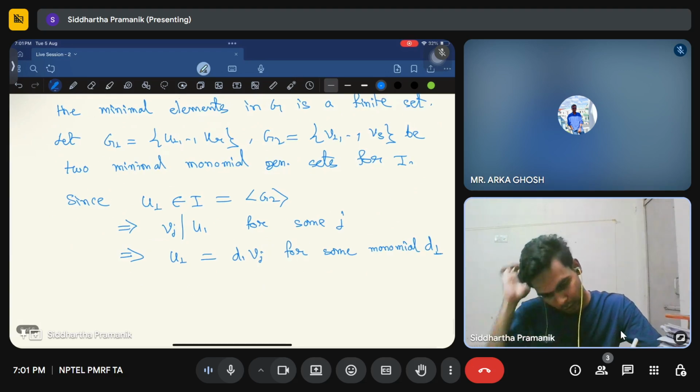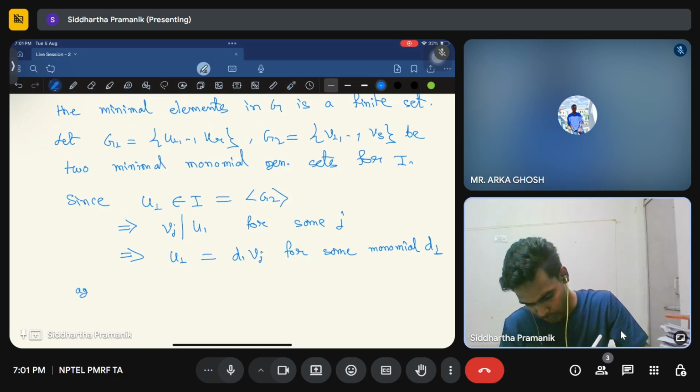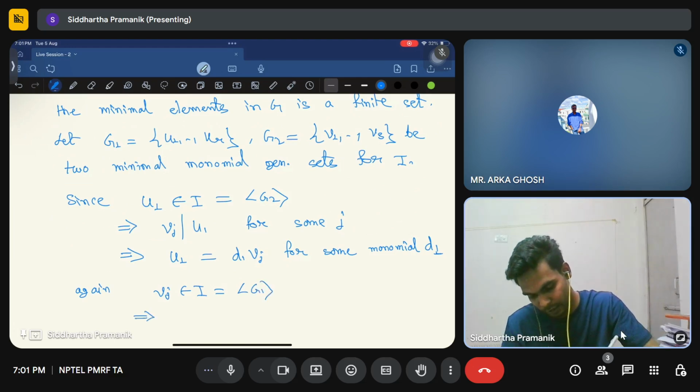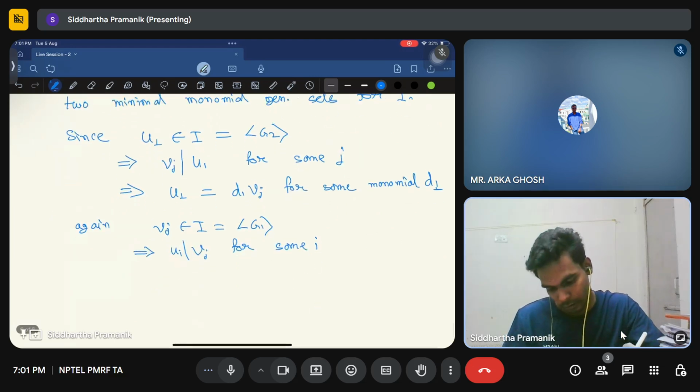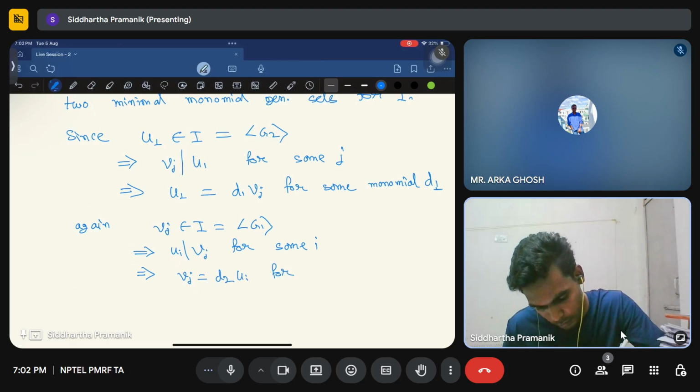Again, we can play the same game with Vj. Vj is an element of I, which is generated by G1 also. That will imply some Ui will divide Vj, and that will imply Vj equals some D2 times Ui, where D2 is a monomial.